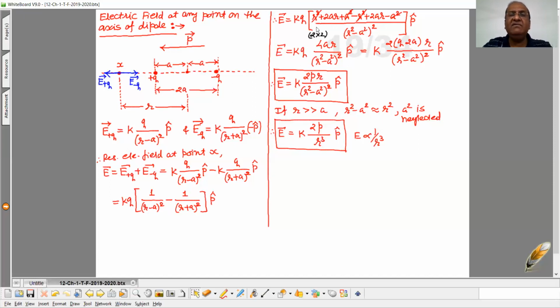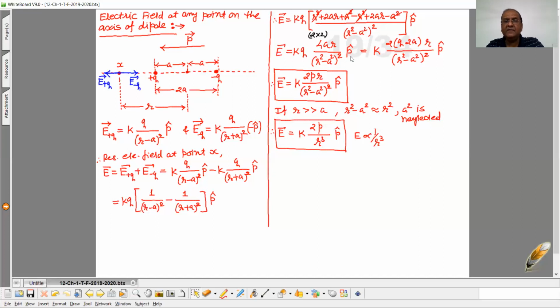So resultantly we will get KQ into bracket R square plus 2AR plus A square minus R square plus 2AR minus A square. So R square and A square cancel. Resultantly we will get E equal to KQ into 4AR upon (R square minus A square) whole square into P caret.